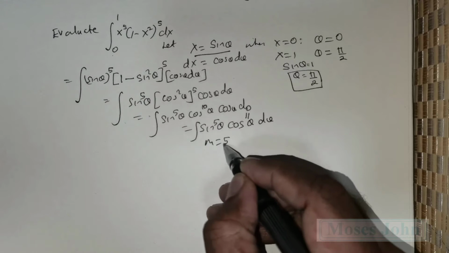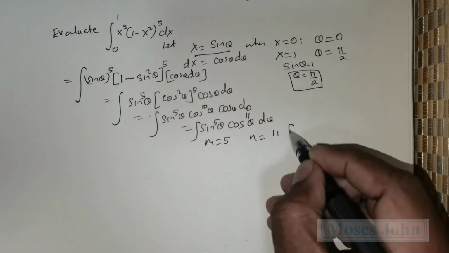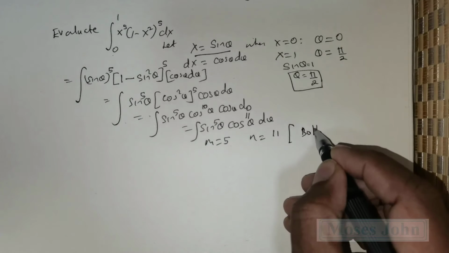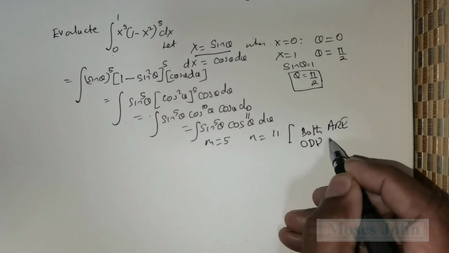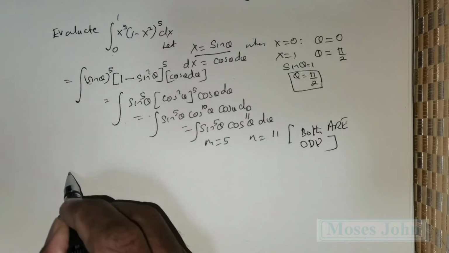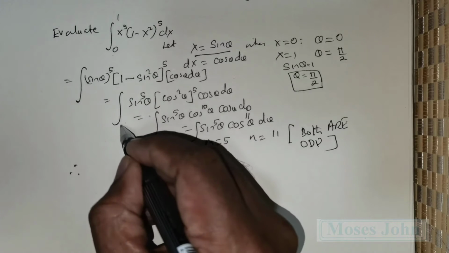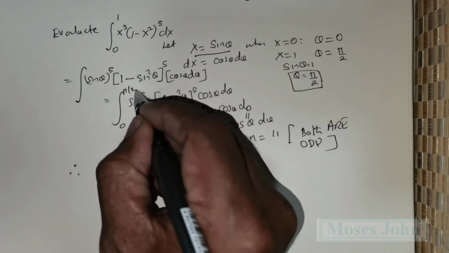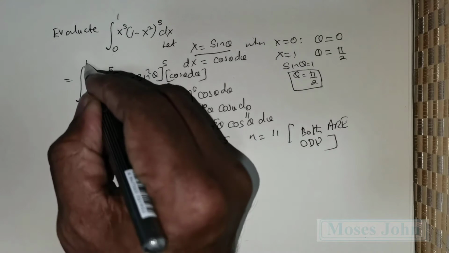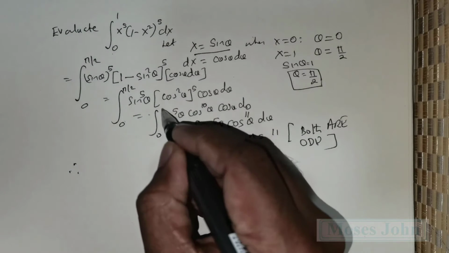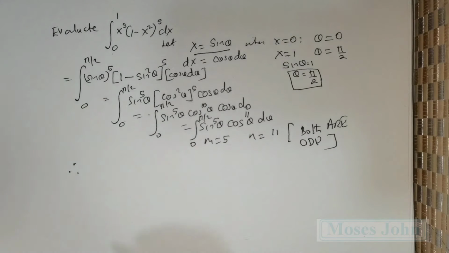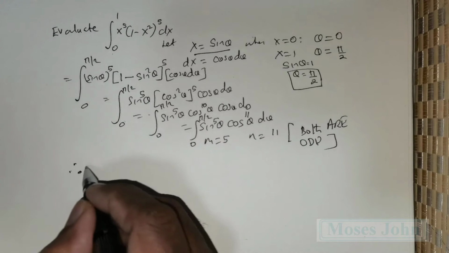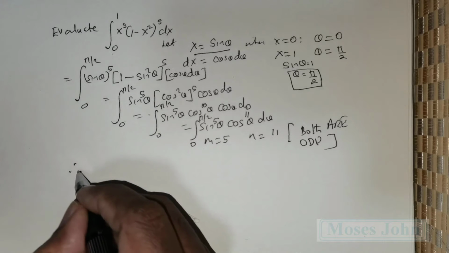Now my m is 5 and my n is 11, and both are odd. So for the reduction formula, of course you have to place the limits, 0 to pi over 2.